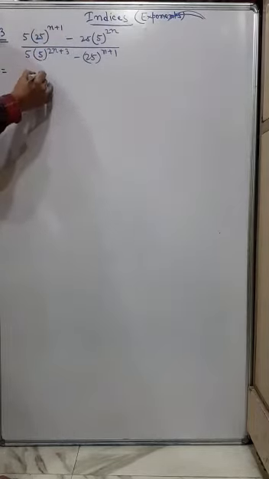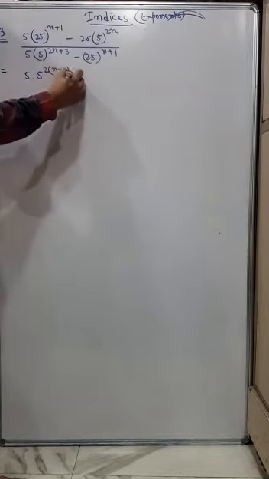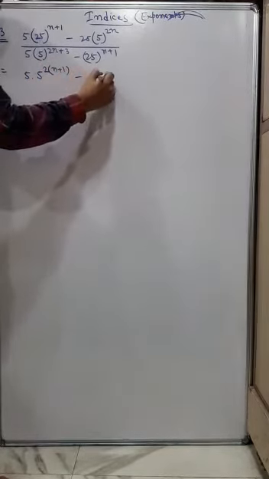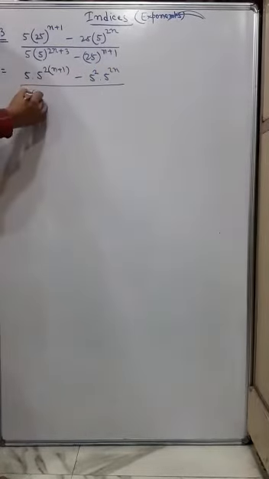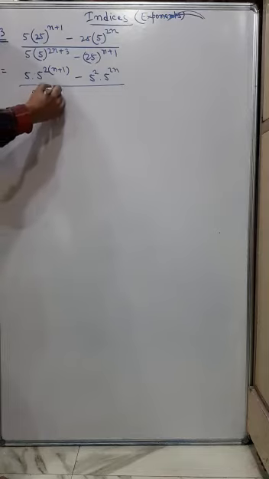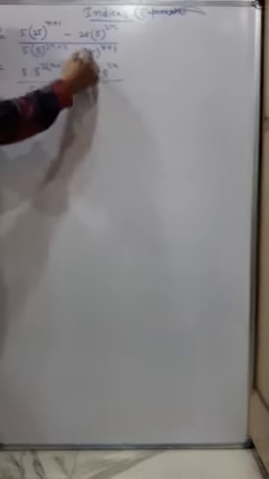Now this becomes, check it out, 5 square, and then n plus 1 minus again 5 square and 5 to the power 2n. So this is 5 into 5 to the power 2n plus 3, and again 5 square, you get n plus 1. Okay.